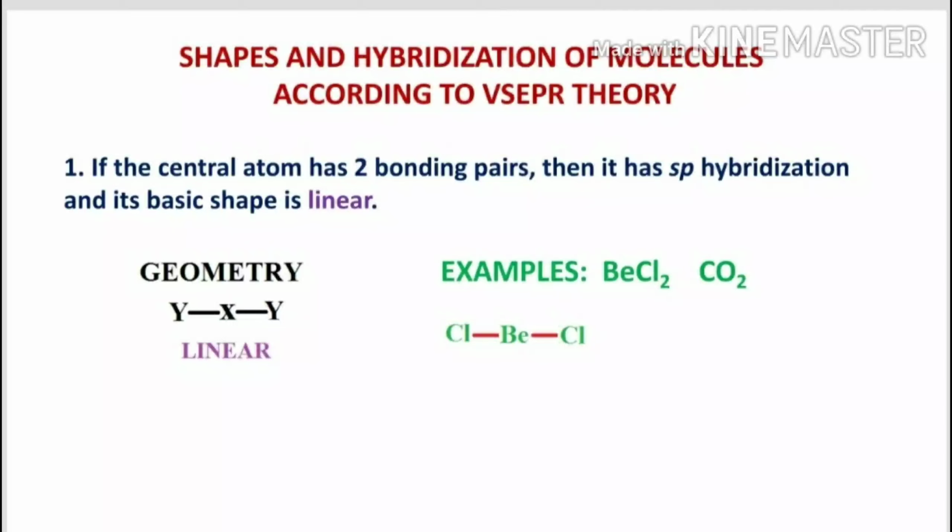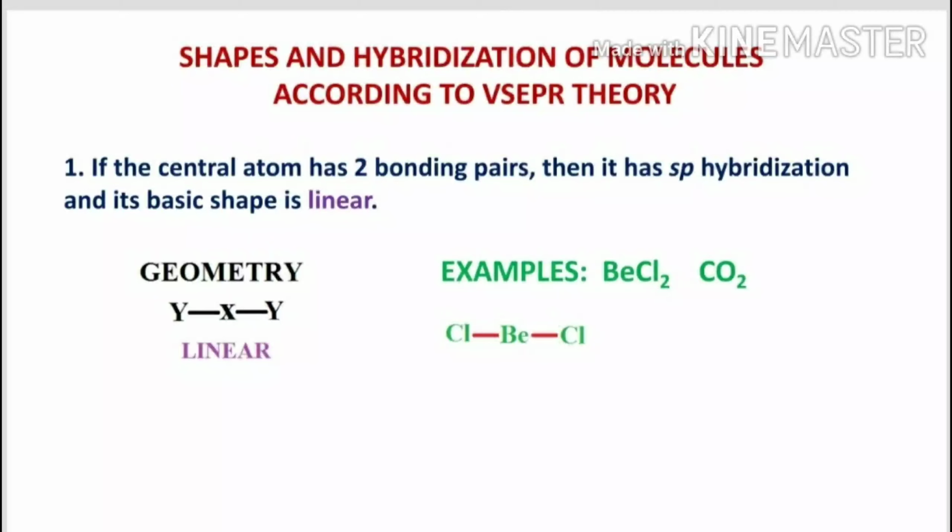If you see carbon dioxide, CO2, in the ground state it has a 2s2 2p2 electronic configuration. In the excited state, one electron from the 2s orbital is promoted to one of the empty p orbitals. Now these singly occupied 2s and 2pz orbitals undergo hybridization to form two equivalent sp hybrid orbitals aligned in opposite directions.